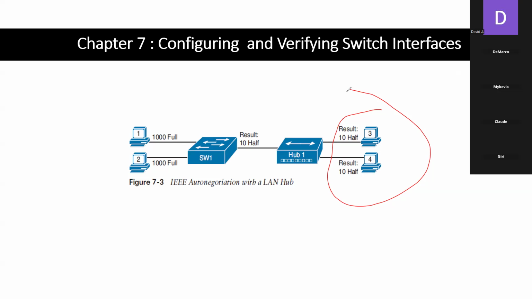These endpoints might be capable of running full, but using the IEEE auto negotiation parallel detection rules, it's going to say, hey, 10 to 100 megabits per second, I'm going to set your duplex to half. So this is what auto negotiation looks like whenever you have hubs within an environment. Okay, let's keep going.